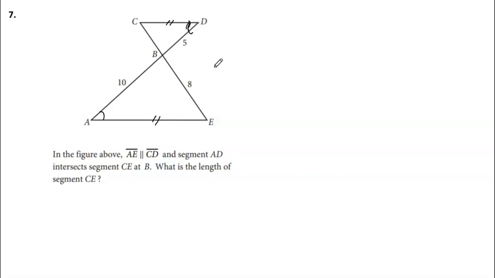So here we see the ratios. We see 10 to 5 and then 8 to something, right? This gives us the, what do you call, scale factor, right? So it's going to be 10 is to 5 as 8 is to question mark, right?